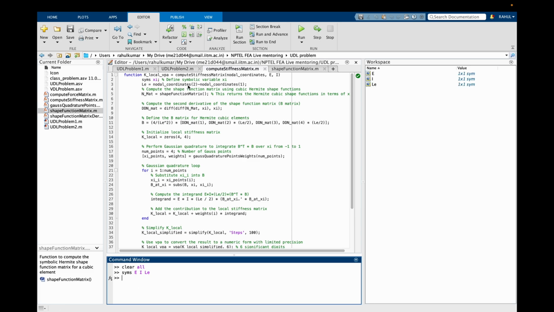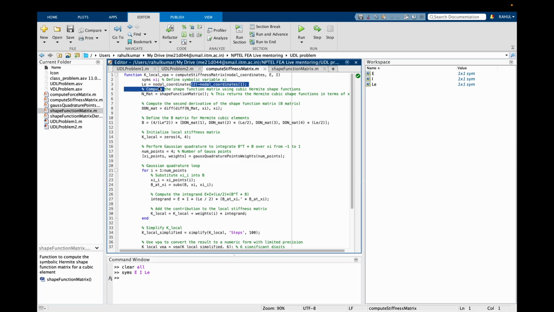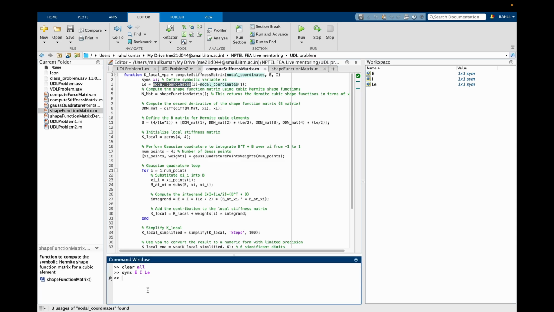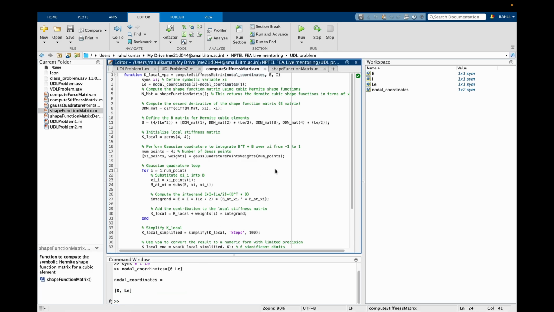Now I will give the nodal coordinates. Suppose I want to see the first element, that is the coordinates 0 and Le. So I have initialized it, and E and I I have already given. Let's see what this function gives.